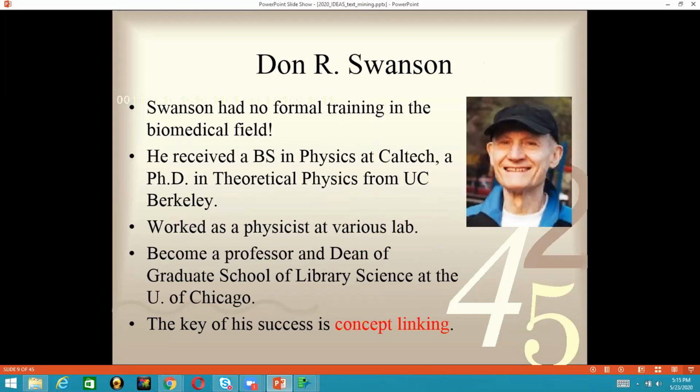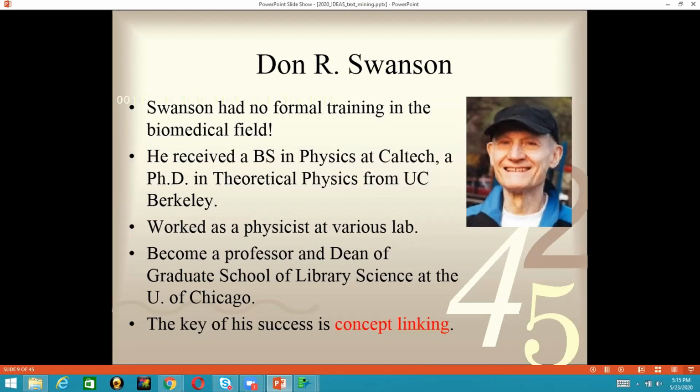He received a BS in physics at Caltech in Pasadena, also a PhD in physics from UC Berkeley. After graduation, he worked in several labs, but nothing about biology, nothing about med school. Later he became a professor, also the dean of library science.